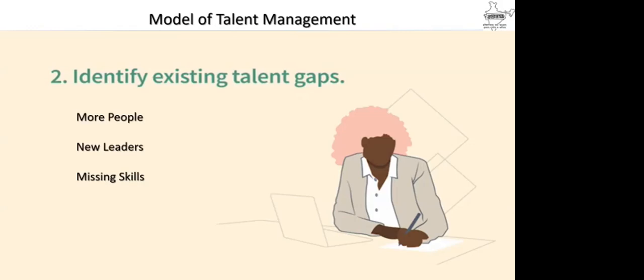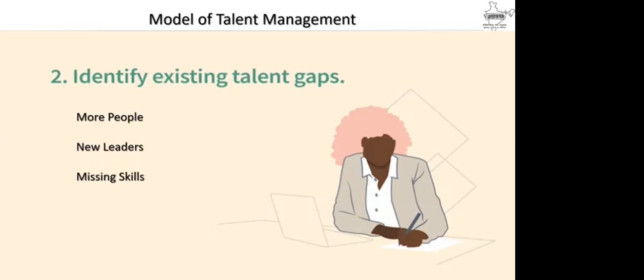This is the critical responsibility of the talent manager, because the HR planning folks are always looking at the numbers. They are not, unless there is some big elephant in the room saying, okay, now we have changed direction and we need somebody to do artificial intelligence. Then there's a different story.